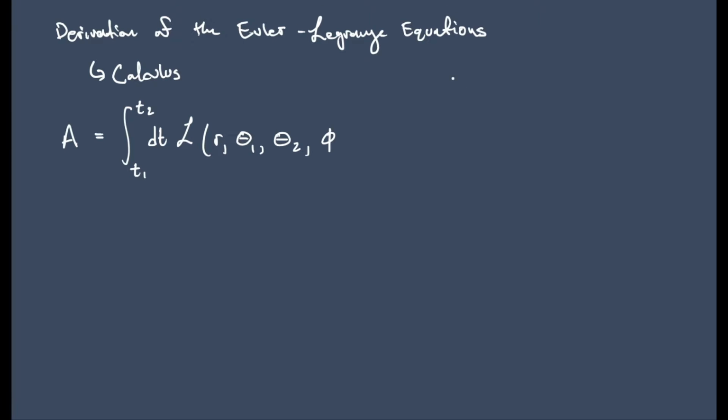So this could be almost like some Atwood machine that also has some azimuthal component to it. We have something that's swinging from a roof, where this is angle 1 and this is angle 2.